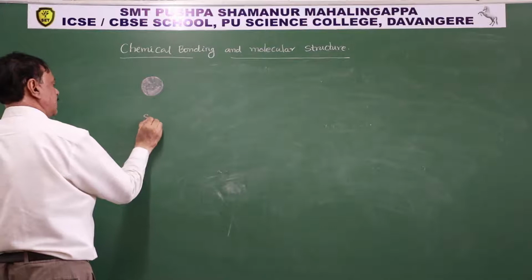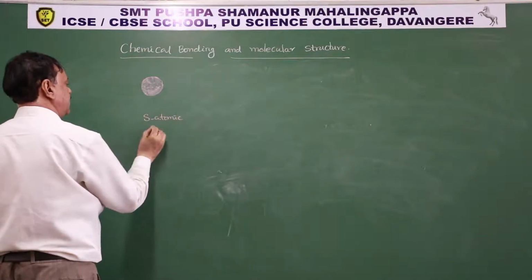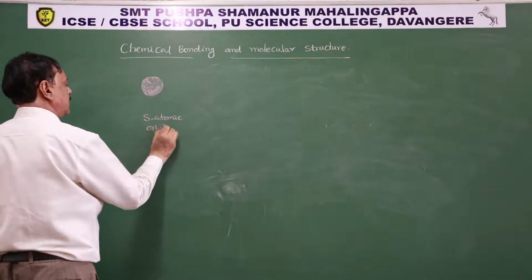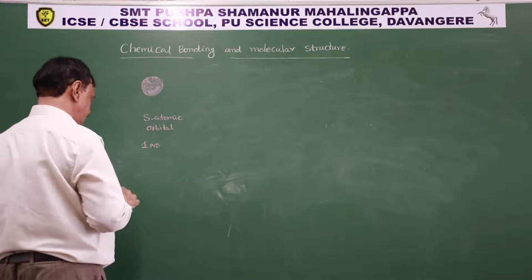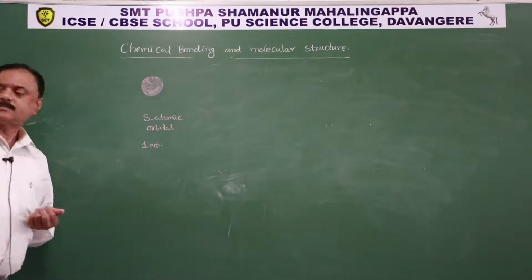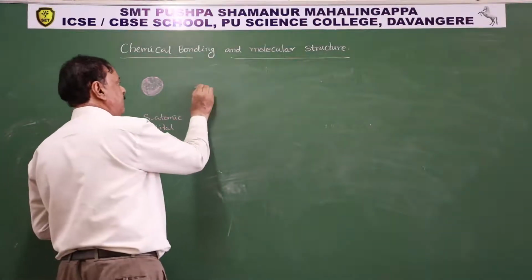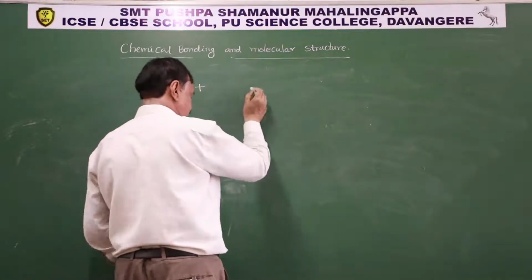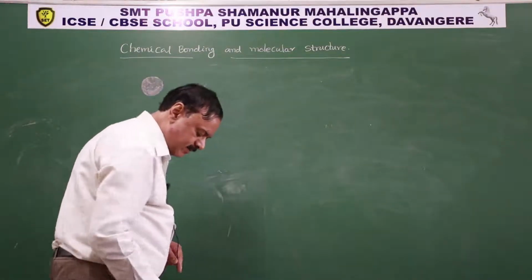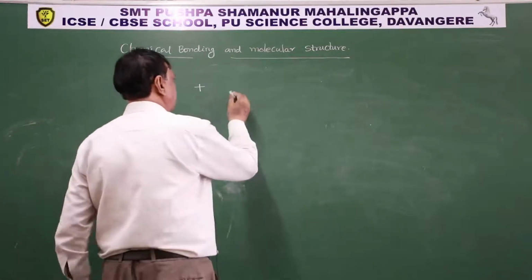This is S atomic orbital, one number, plus p atomic orbital. You know the shape of the p atomic orbital? P atomic orbital is a double shaped atomic orbital.